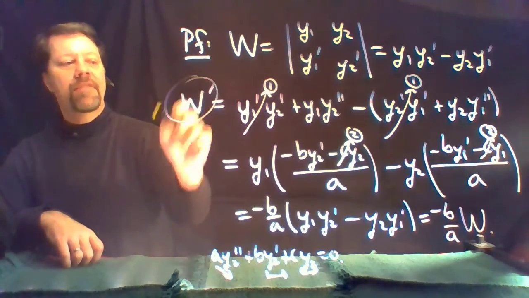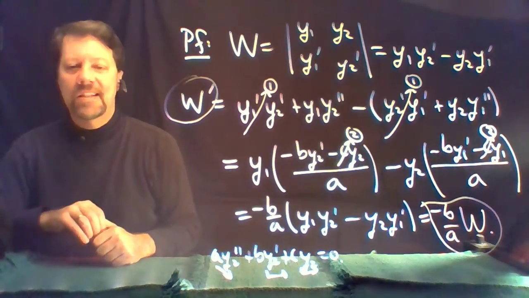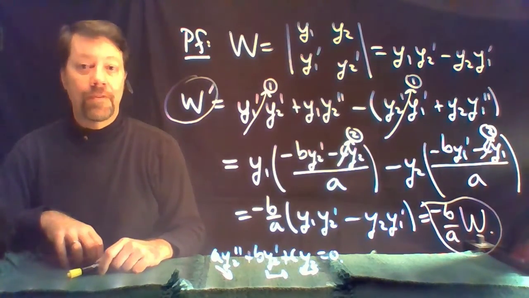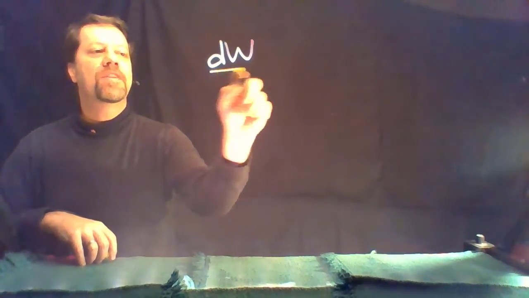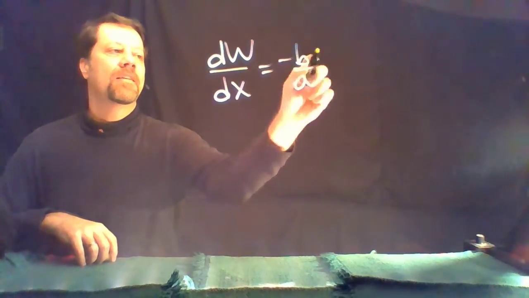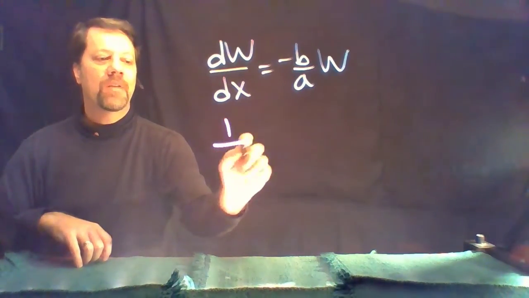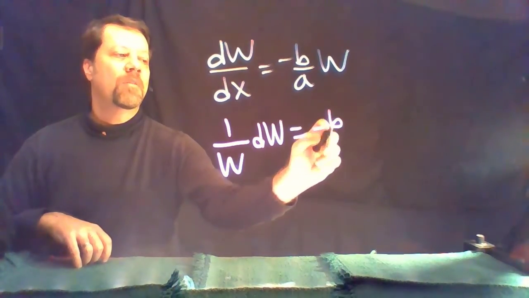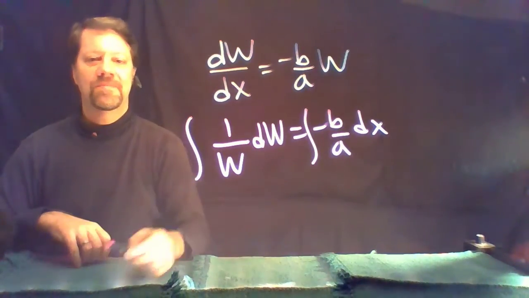We have the derivative of the Wronskian is negative b over a times the Wronskian. This is a separable first-order equation for the Wronskian. We see that the Wronskian satisfies the differential equation dw/dx = minus b over a times w. If we separate the variables, we can write that as 1/w dw = minus b over a dx, that we can then integrate.